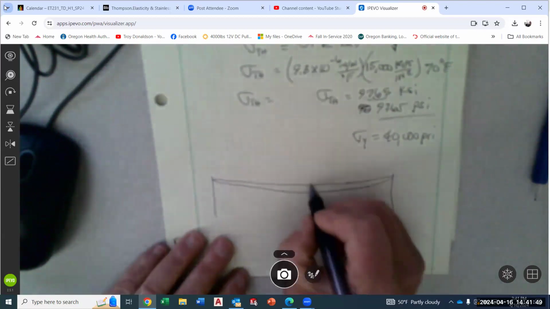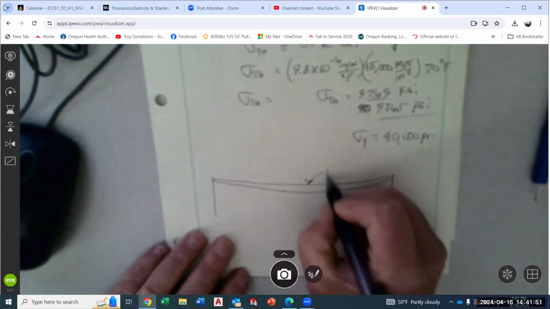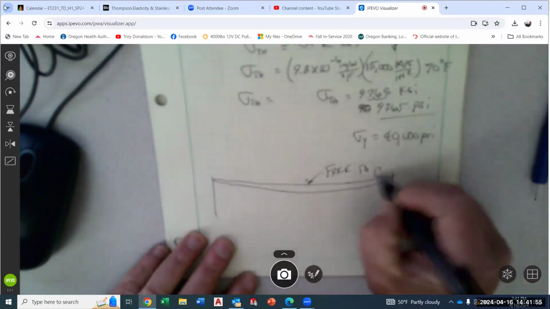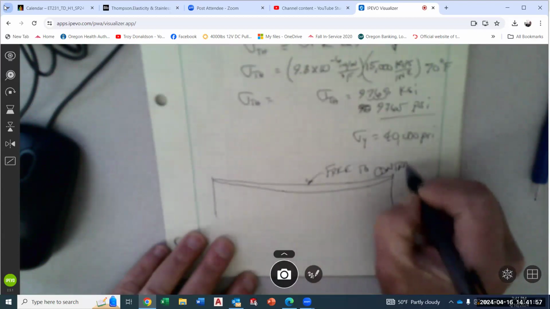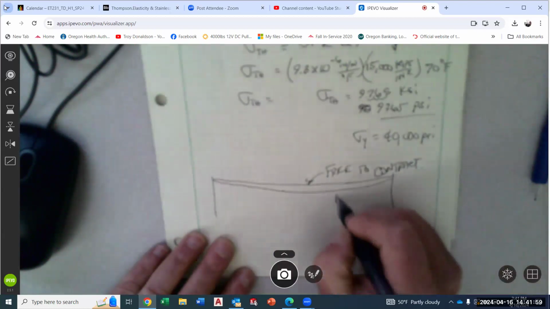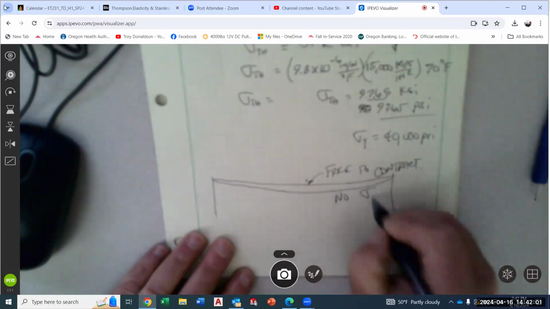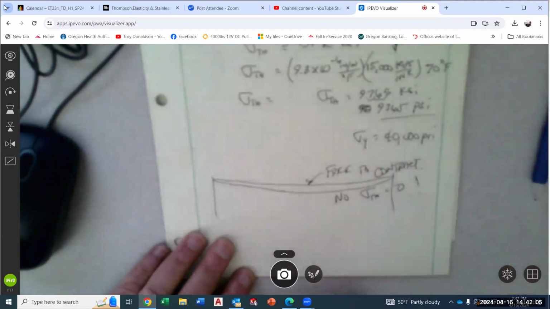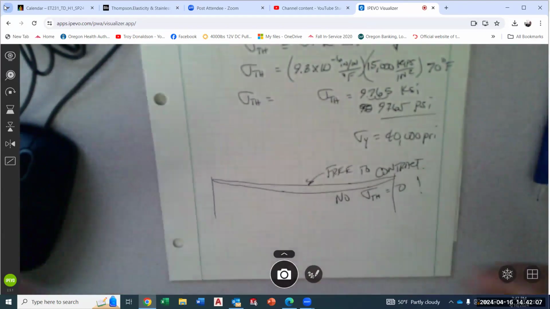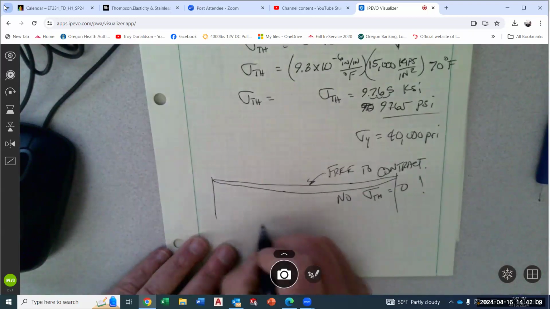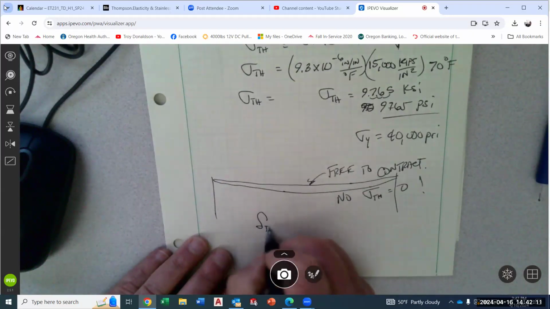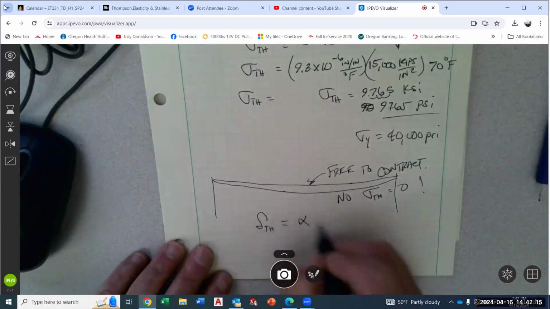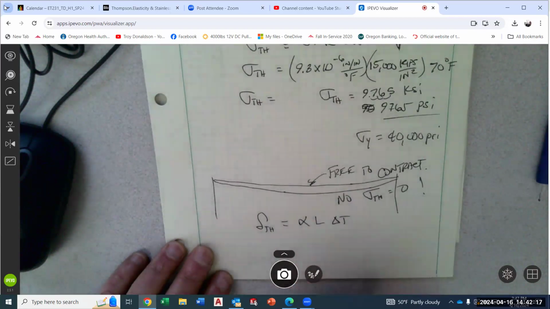So if it is free to expand, contract in this case, then we get no thermal stresses. But that means we get thermal shrink. Like we're going to get, and I put a little TH in front of this one too, and this one is alpha L delta T.